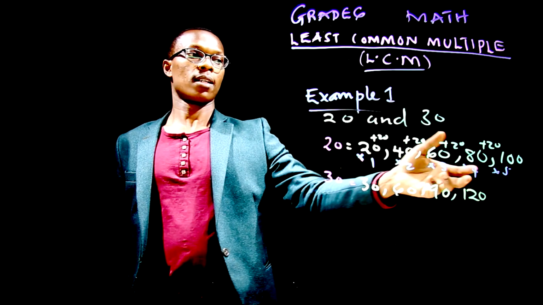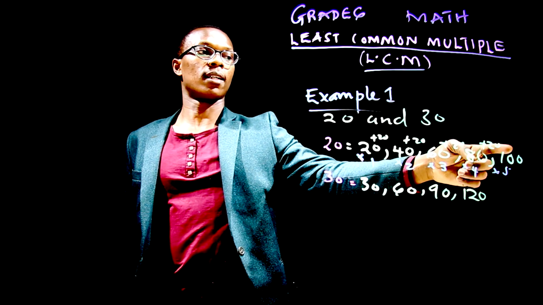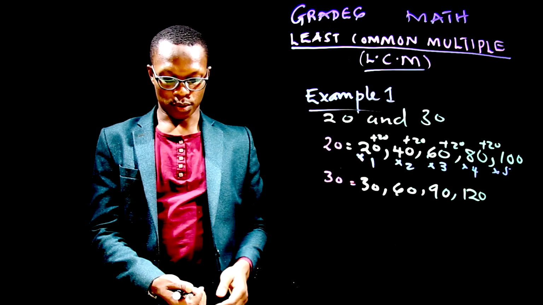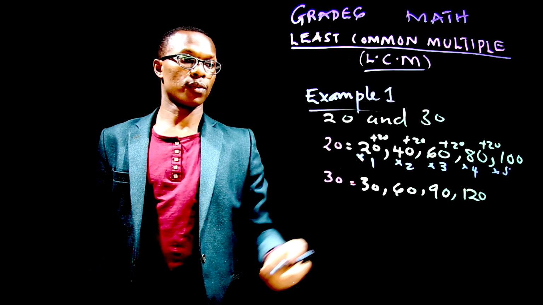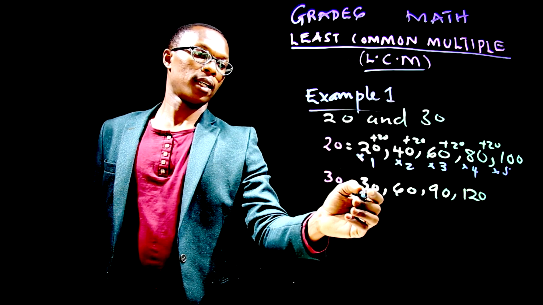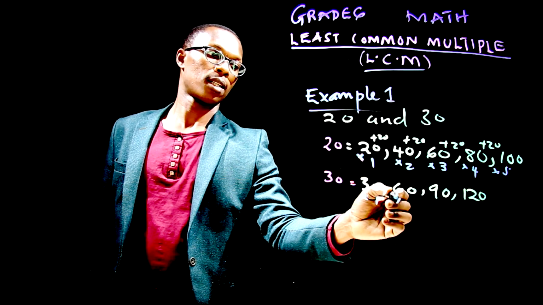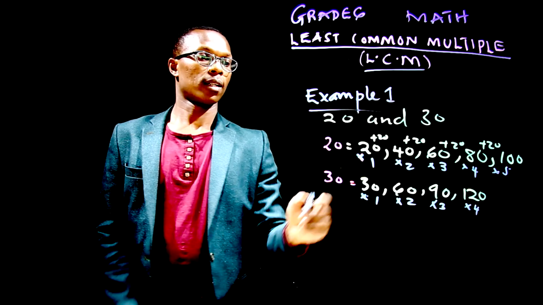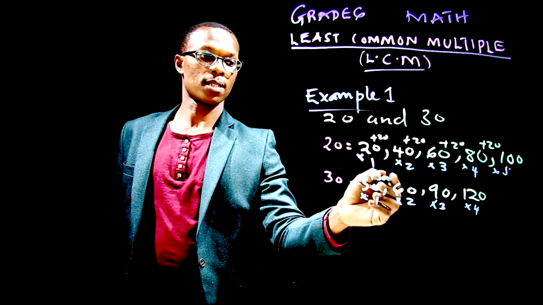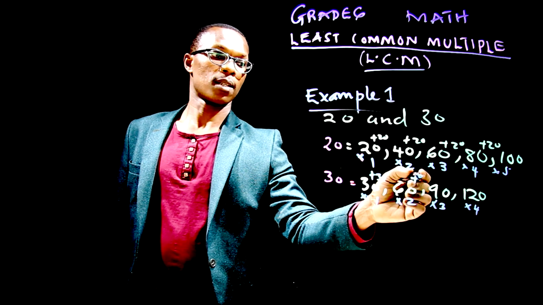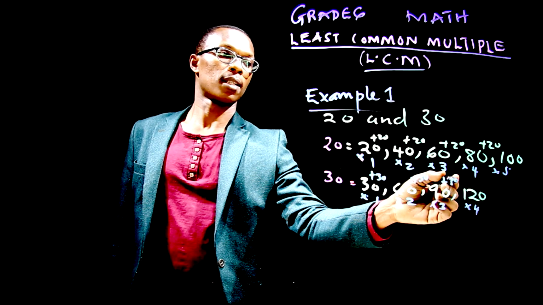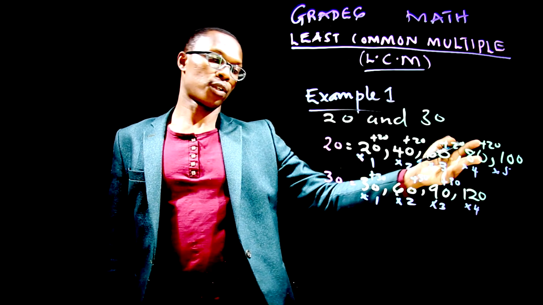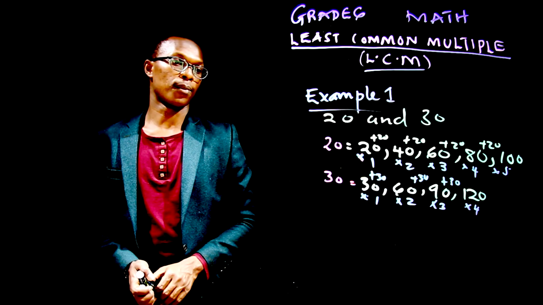I think that's enough, because we already have 100 here and 120 here, so we don't need to continue further. Here it's 30 times 1, 30 times 2, 30 times 3, 30 times 4, or adding 30 each time, and you keep on the same way.